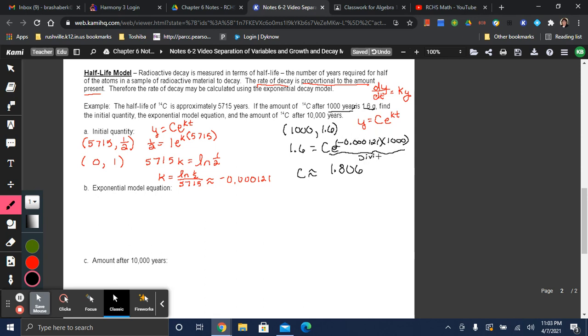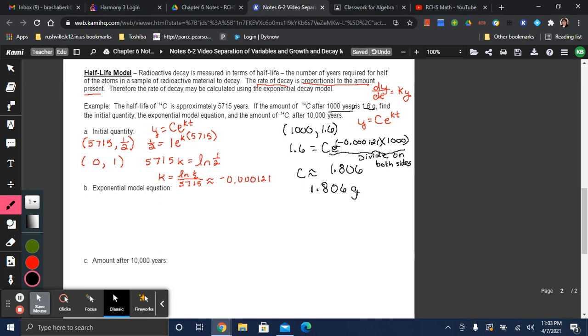So again, taking both sides of the equation and dividing by this. I'll put divide on both sides, so that way you can know what I did there. So c is approximately 1.806, and that would be that many grams.